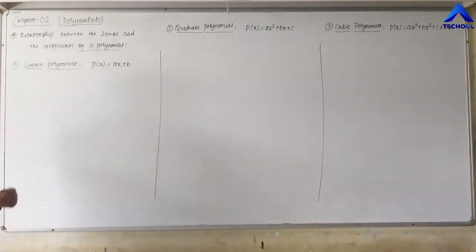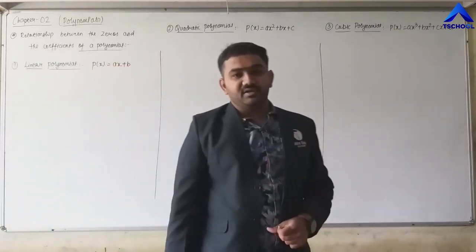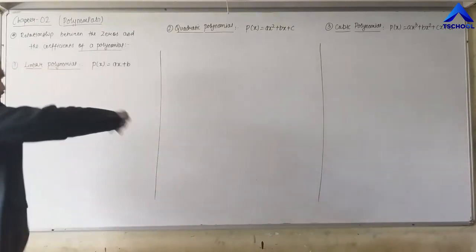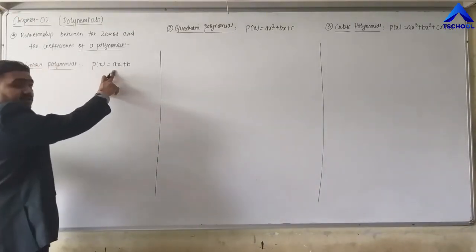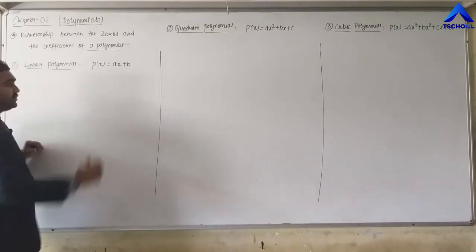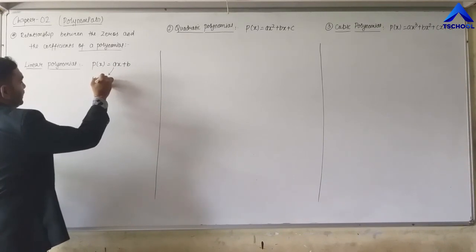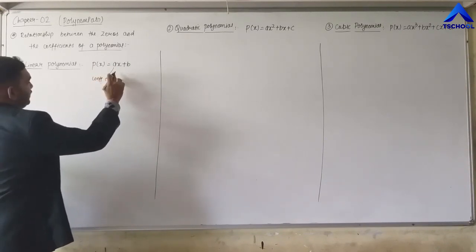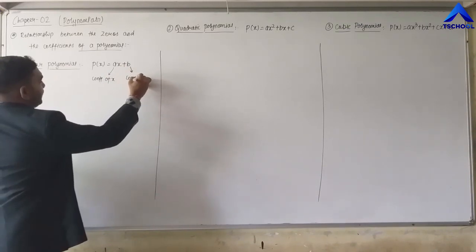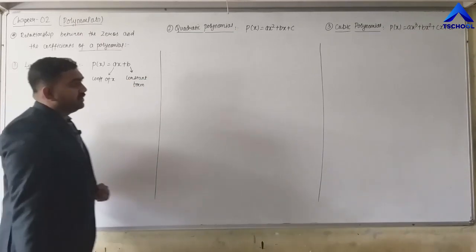Now, first of all, let us get the coefficients of the variables present in the polynomial. Right? So, what is the coefficient of x here? A. This b here is the constant term. So let me write it down here. That is the coefficient of x and that is the constant term, right?